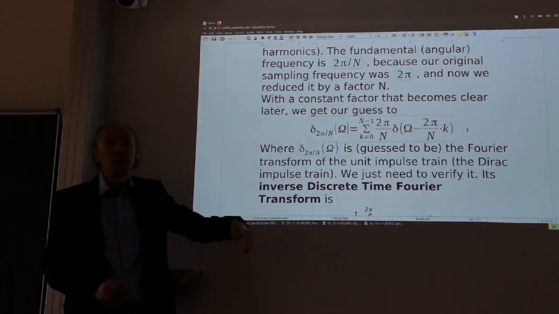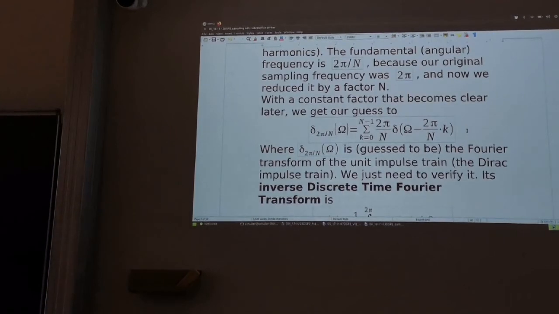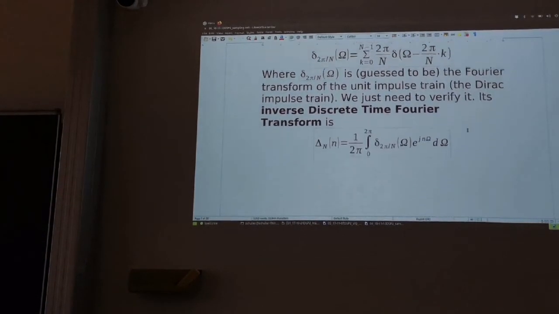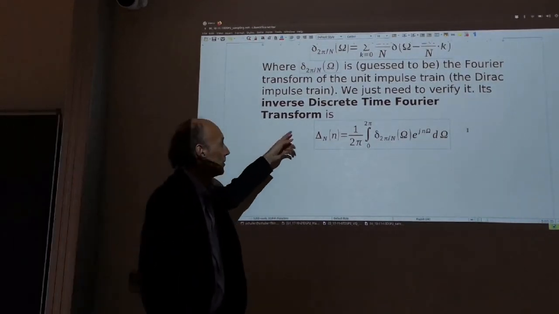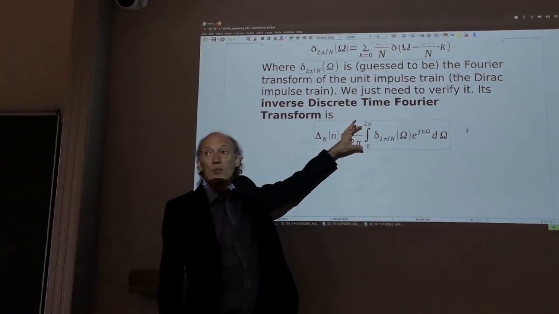And now we need to apply the inverse Fourier transform to see if this is really the unit pulse train. Okay. So we apply the inverse discrete time Fourier transform. And this is the inverse discrete time Fourier transform. Do you all remember?